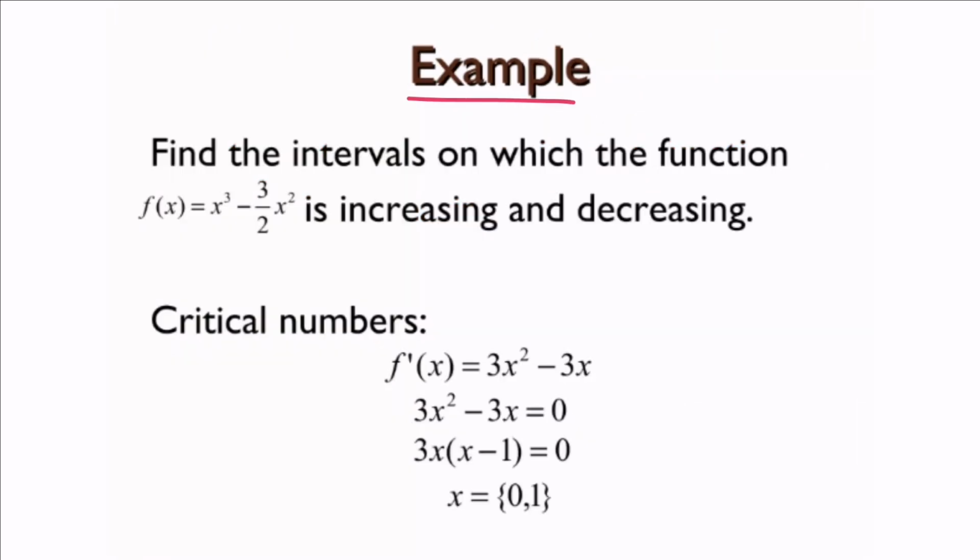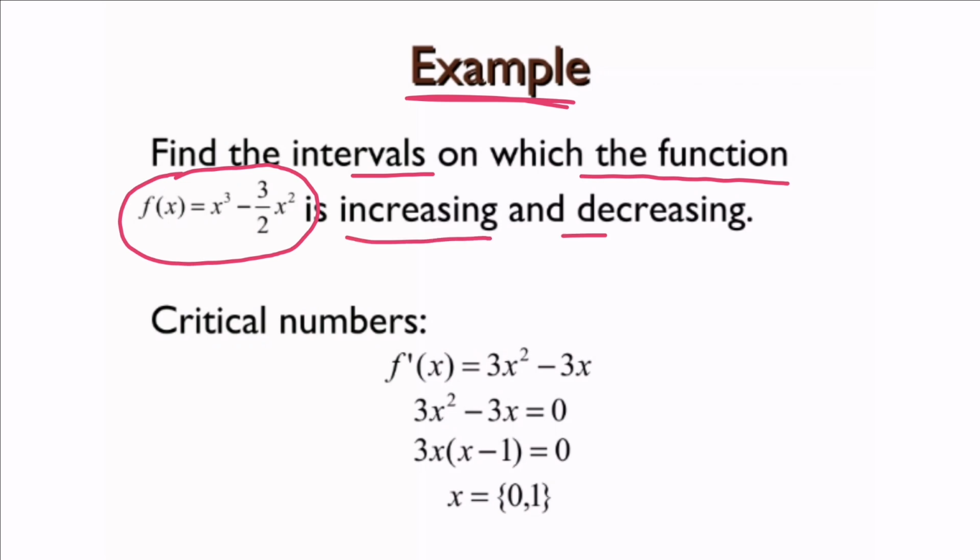Example, find the interval on which the function f of x is equal to x cube minus 3 by 2 x square is increasing and decreasing. So critical numbers of the given function.